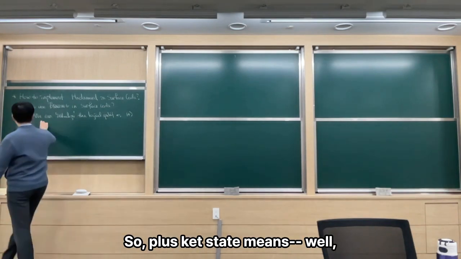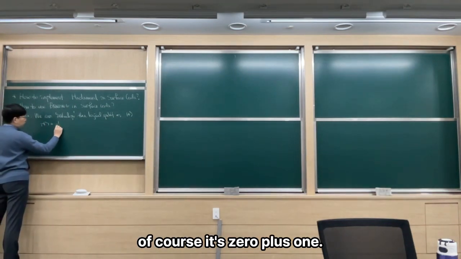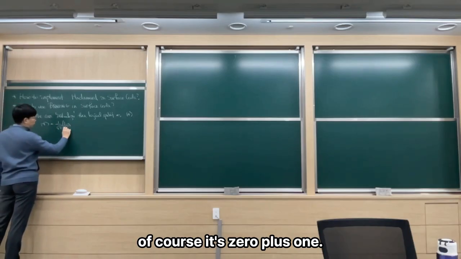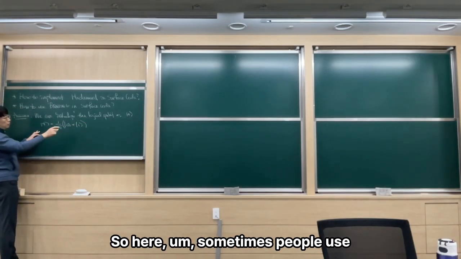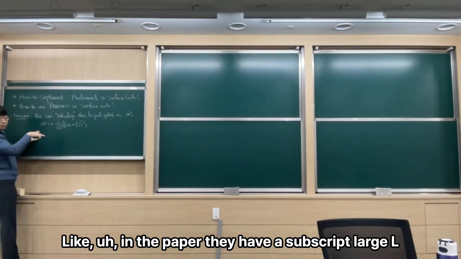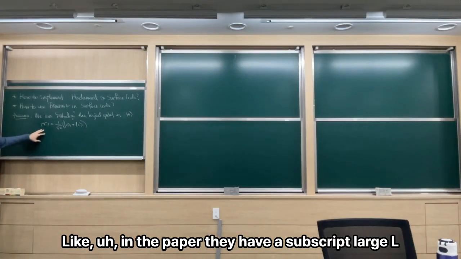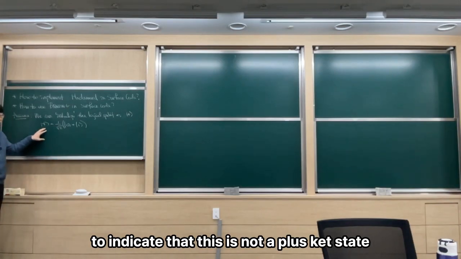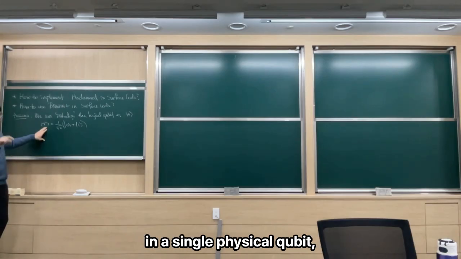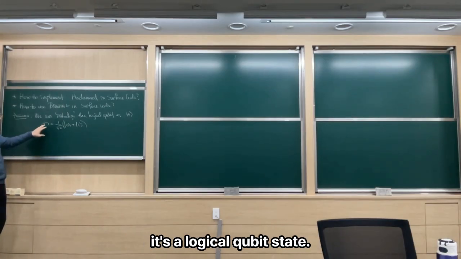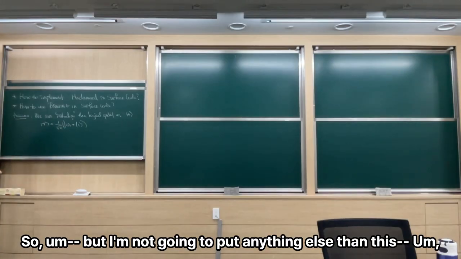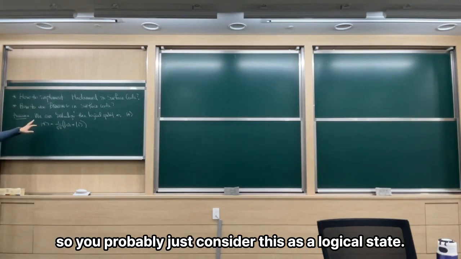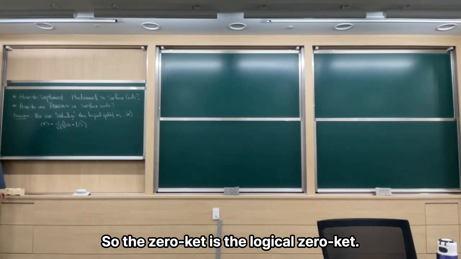So plus ket state means, well, of course, 0 plus 1. Sometimes people use a bar or some other notation, like in the paper, they have a subscript large L to indicate that this is not a plus ket state in a single physical qubit. It's a logical qubit state. But I'm not going to put anything else than this, so you can just consider this as a logical state. So the 0 ket is the logical 0 ket.